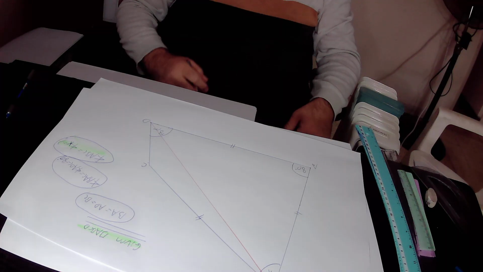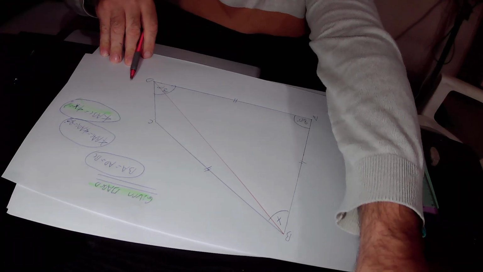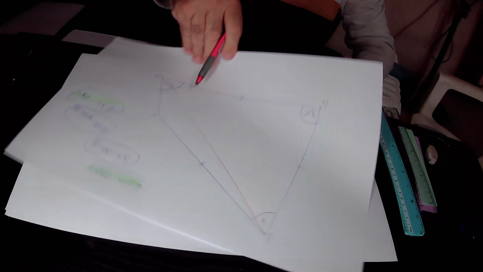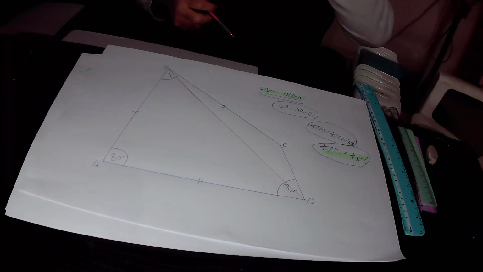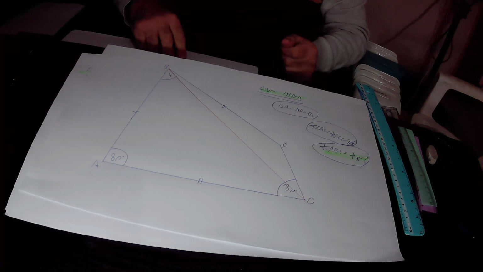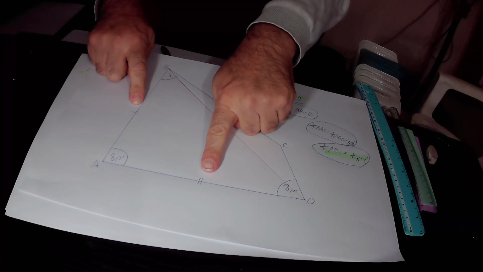By joining points B and D, we get the triangle ABD. This is triangle ABD. It is given in the question that side AB equals side AD. Those two sides are equal to each other in their lengths.